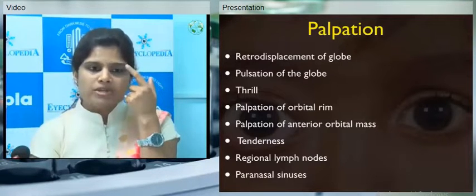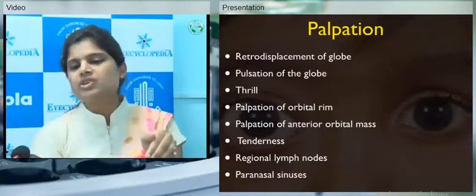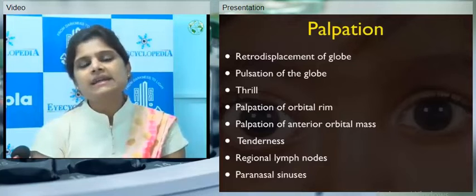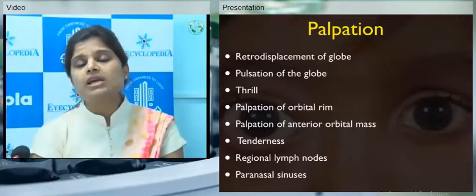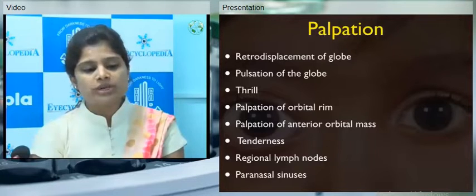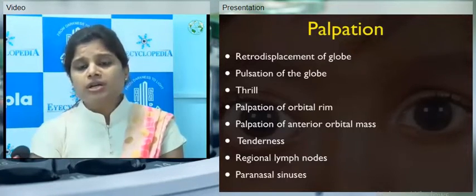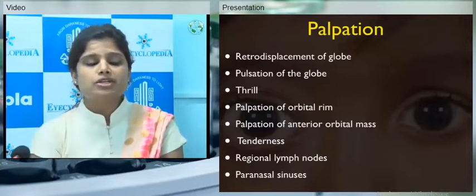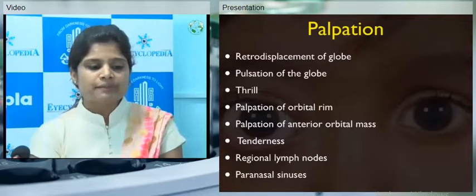If you note a fossa, a smooth curvature, that indicates a benign tumor which has been there for a very long time, which is why there is fossa formation. This occurs very commonly in benign lacrimal gland tumors. Sometimes the orbital rim can be very irregular, which is because of a malignant tumor. So palpation of the orbital rim helps us narrow down the diagnosis.